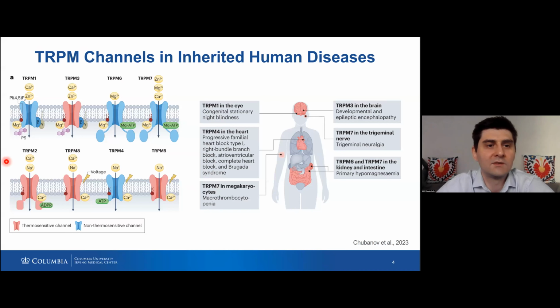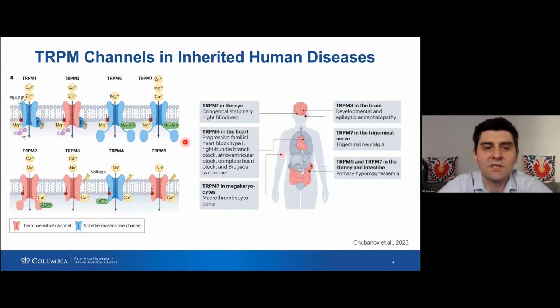So the TRPM family, melastatin family of TRP channels, is involved in a lot of inherited human diseases and consists of 8 members. And 4 of them are temperature sensitive and 4 of them not. I'm going to talk today about the TRPM7 channel that is considered to be the master regulator of divalent cations in human bodies, and it conducts a lot of divalent cations.